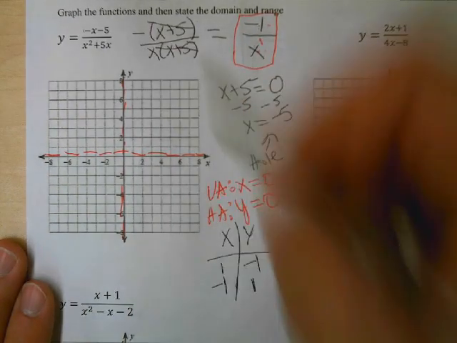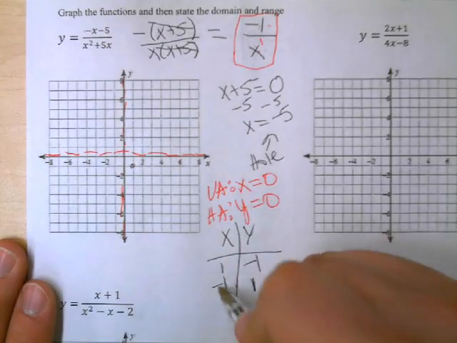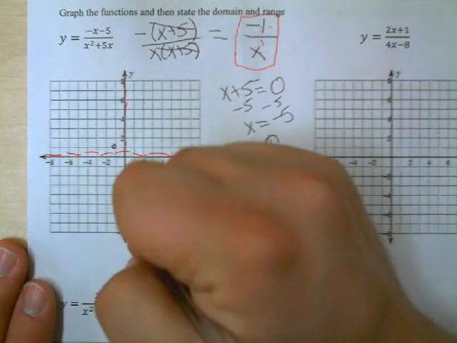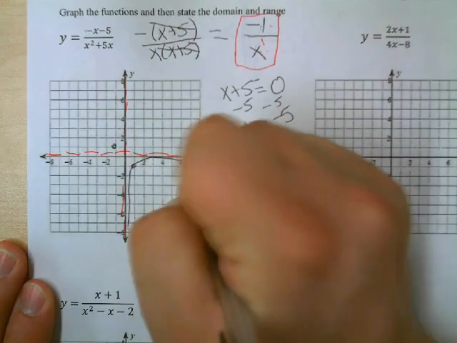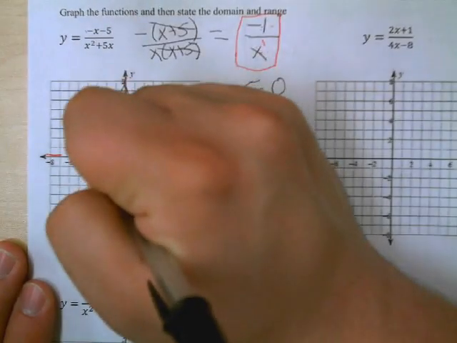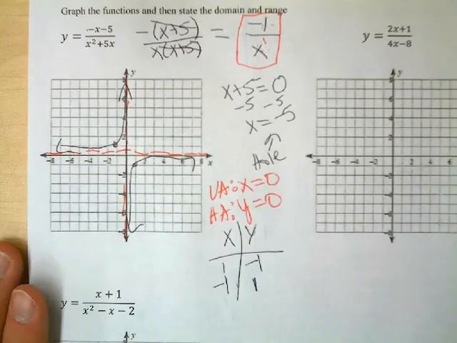Now I can plug my points in. So at 1, I'm at -1, and at -1, I'm at +1. And now my branches will go right along my asymptotes. And it looks just like that. That's what the graph looks like.